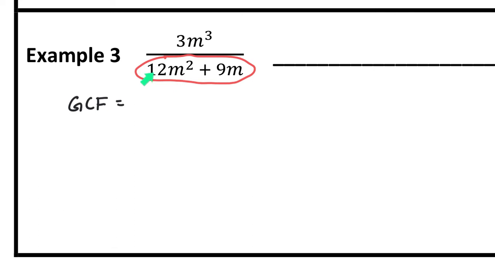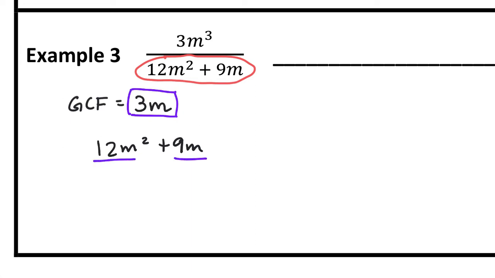Well, it looks like the 12 and the 9, they're both divisible by 3. And they both have at least one m. So what would we usually do, right? If I copy the bottom, 12m squared plus 9m, we usually take this GCF and divide it out on both terms.